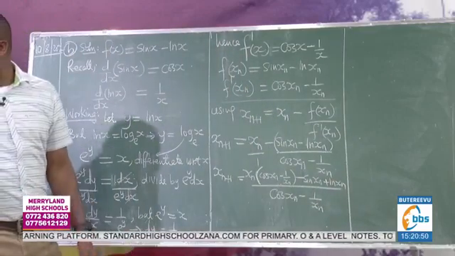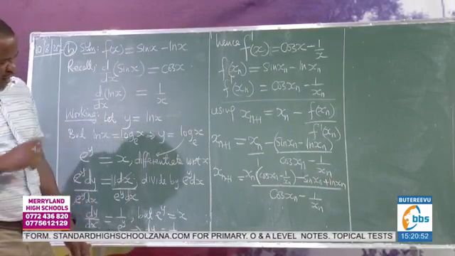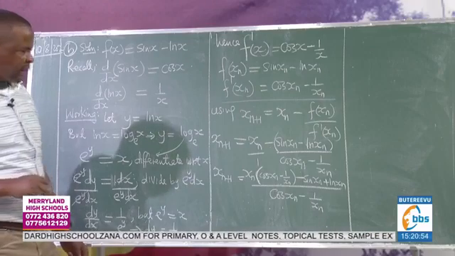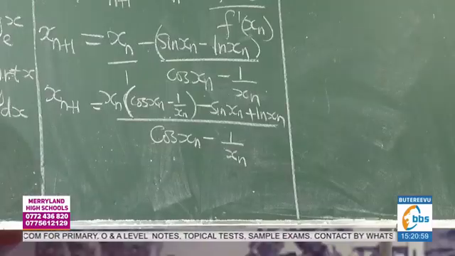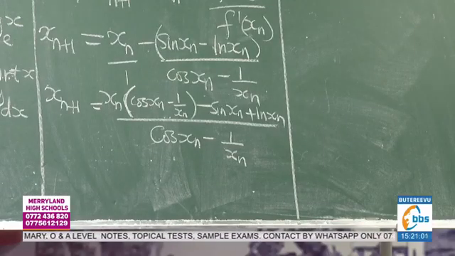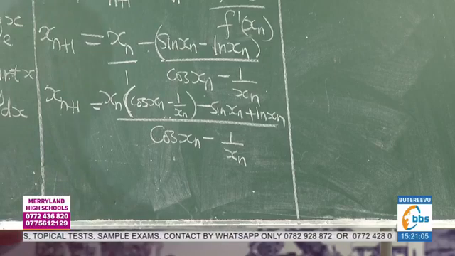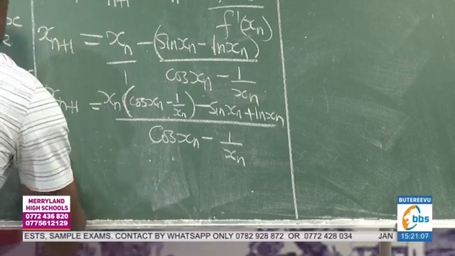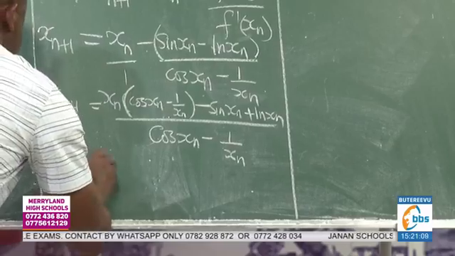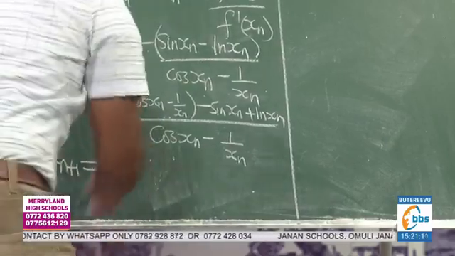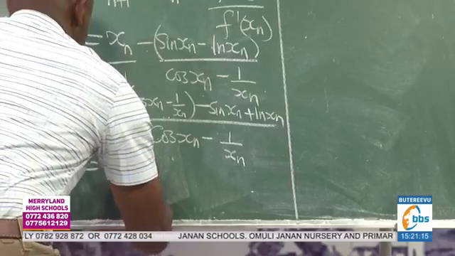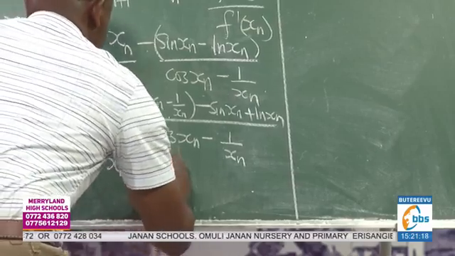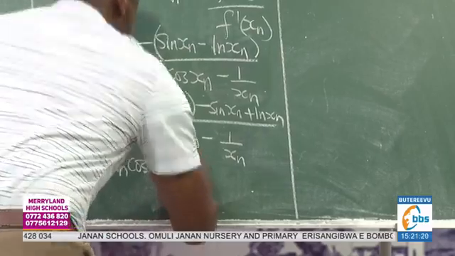We must be extremely careful right here to ensure that we get the right expression without making any mistake. So I will open up finally, and I will stay with our x_n, the cos of x_n minus 1.